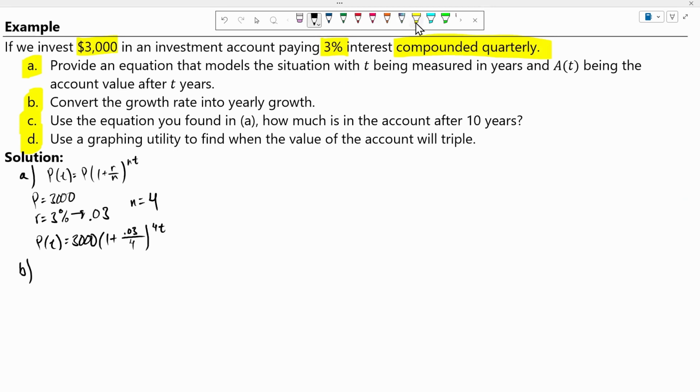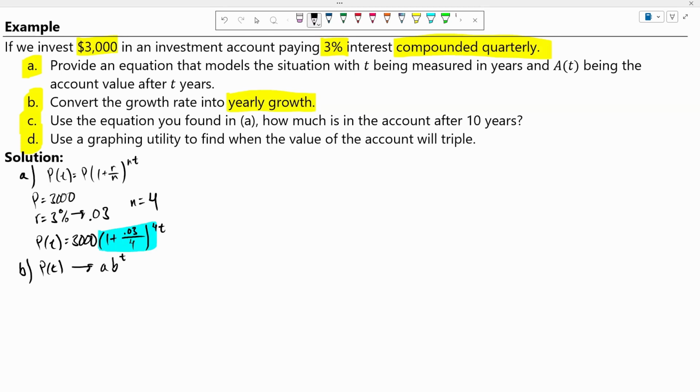B. I am going to convert it into a yearly growth rate. You guys see how it says it's 3% compounded quarterly? I'm going to convert it so that it's just A times B to the t. So I'm going to change my P of t function so that it's just A times B to the t. And to do that, I just need to grab just this thing that's highlighted in blue.